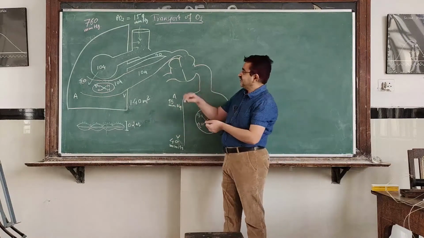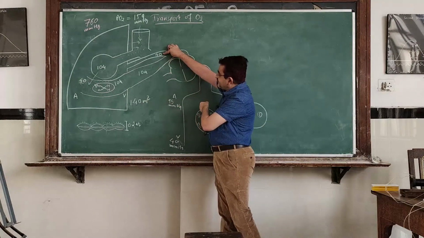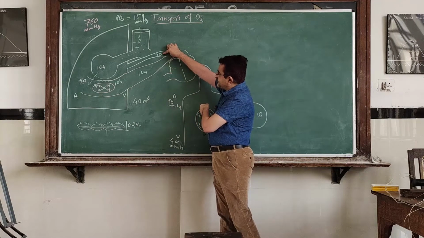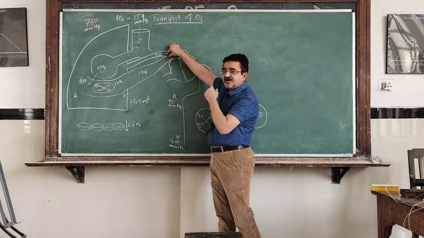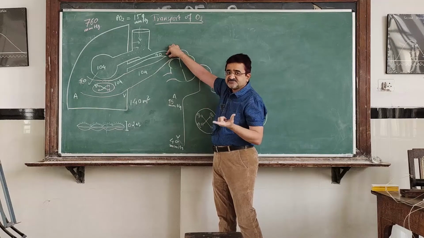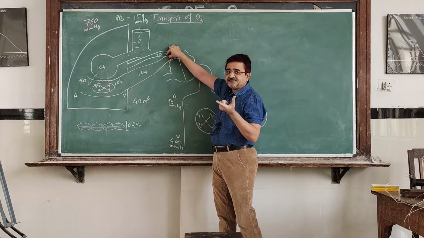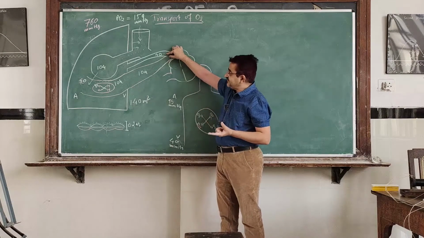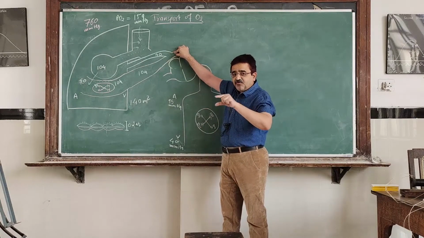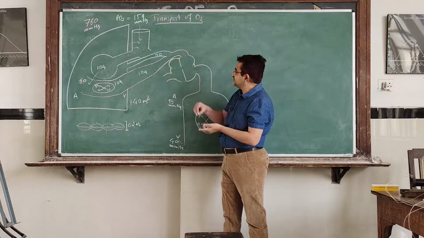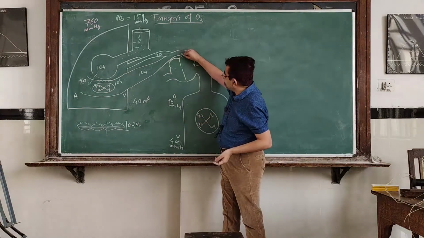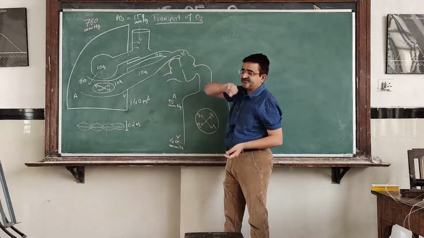Now, this small amount of deoxygenated blood from the bronchial vein mixes with the large amount of well oxygenated blood present in the pulmonary vein. Because of that, there is a small fall in the partial pressure of O2, and it falls to 95 millimeter of mercury.